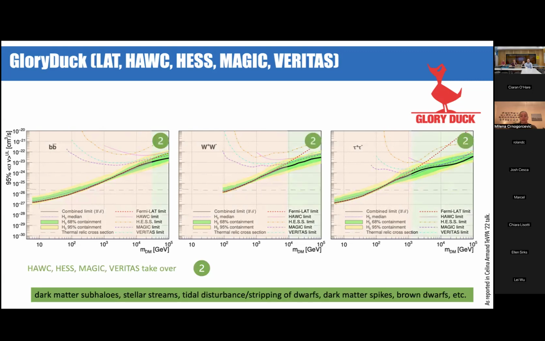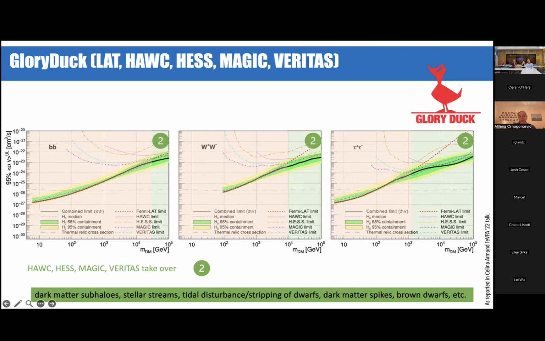On the other hand, the high mass dark matter models are taken over by the CTAs at higher energies, of course. But this is really exciting. Maybe in this case it is hard to make an argument that combining these instruments brings better upper limits.